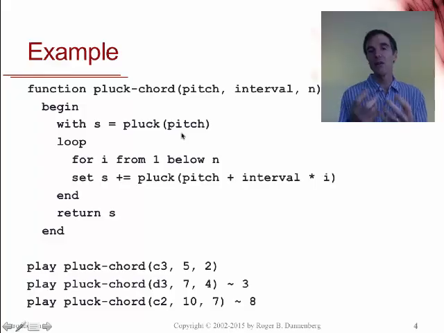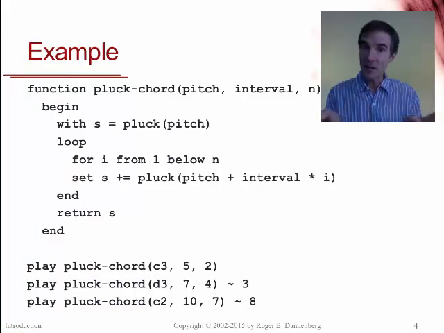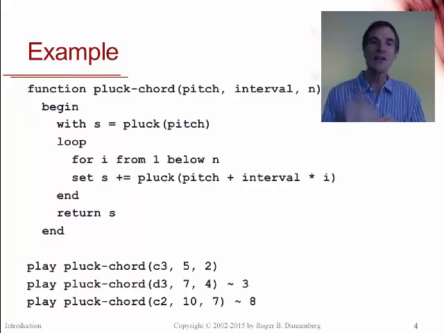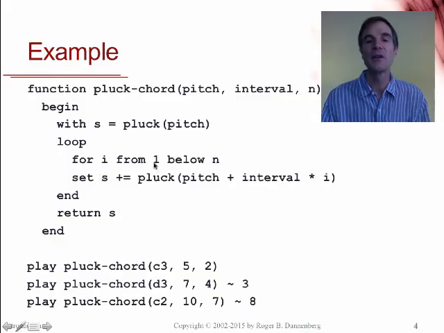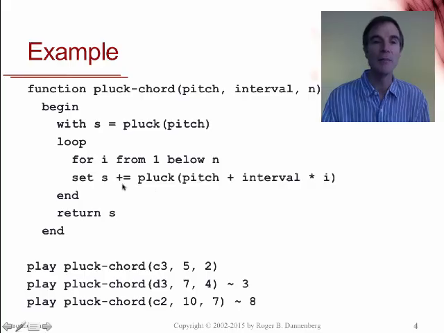So that is going to be the fundamental, the root of the chord, and then we're going to stack notes on top of that note using a loop. We've already done the first pitch, so we're going to loop starting at 1 below n. So this loop will actually iterate n minus 1 times.